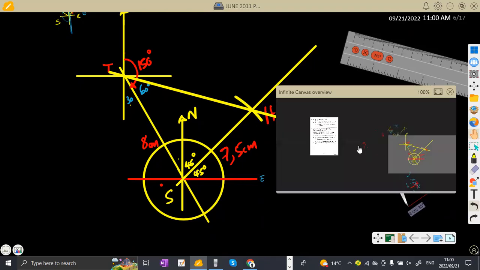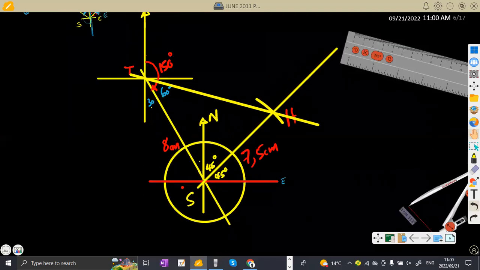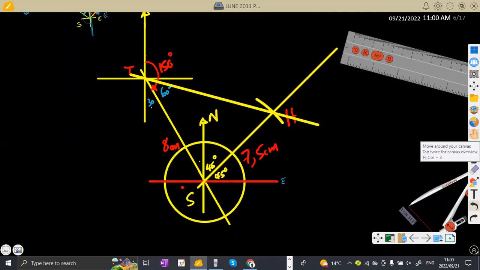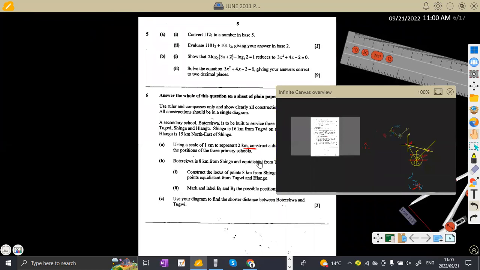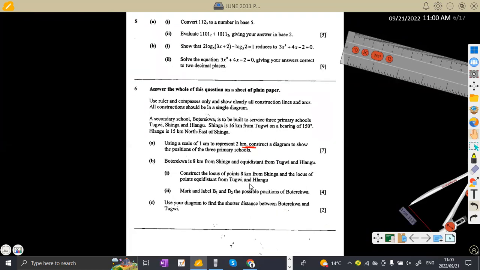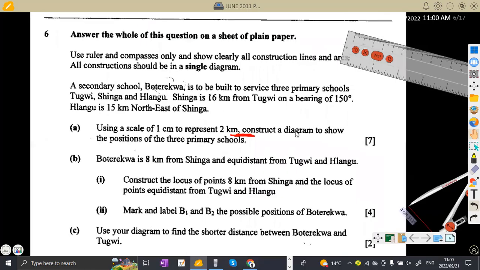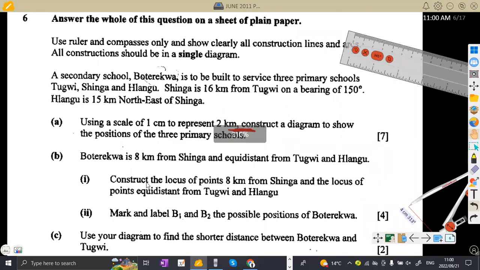Let us get back to our question and see what you're going to have here. All right, so on our question back, you are now given, and also the locus of points equidistant from Tugu and Klang. So which means Tugu and Klang, you bisect.